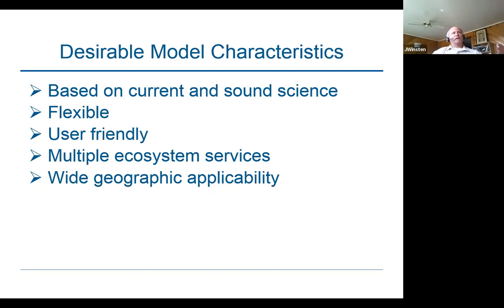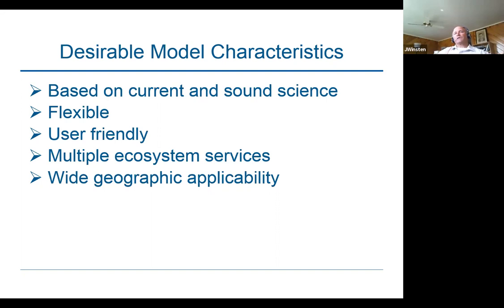A model that gives farmers greater choice matters, because if you're using modeling to measure performance and the model can't quantify a practice, then it's not in the choice set for the farmer. It should be user-friendly. Ideally, it could do more than just one thing like phosphorus, as the Vermont Phosphorus Index or the other state phosphorus indices do.